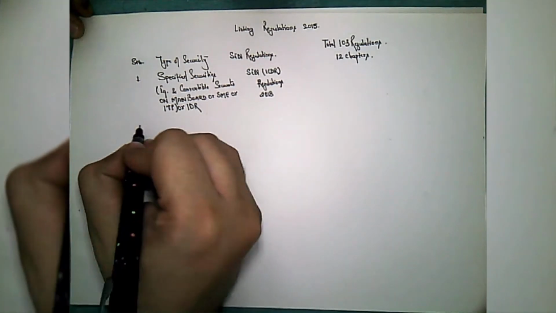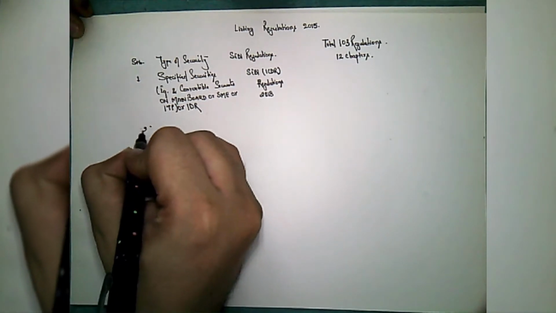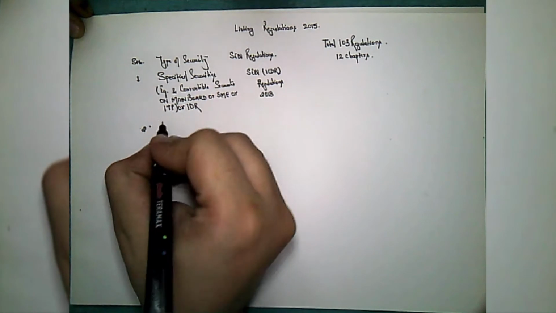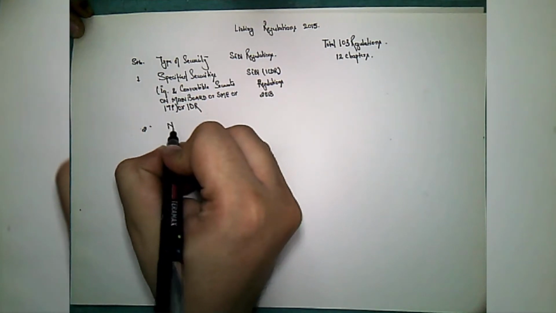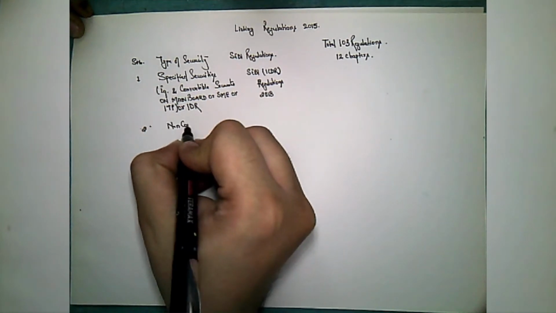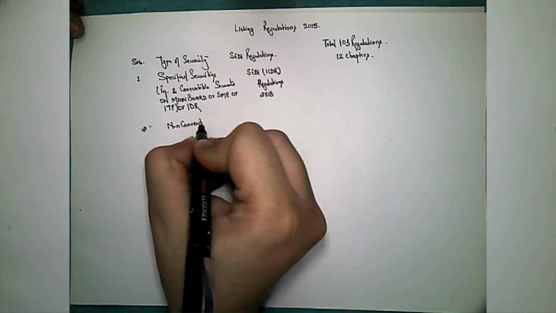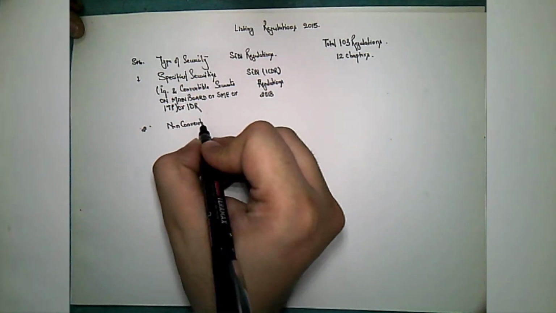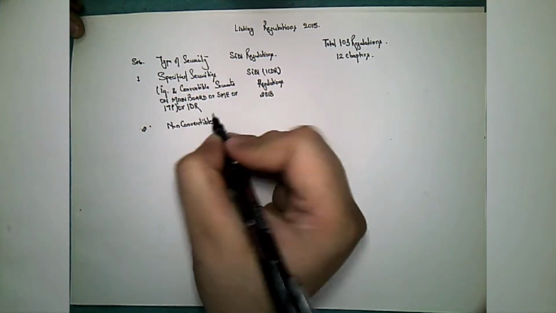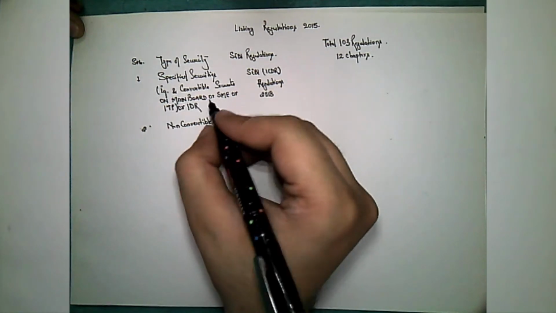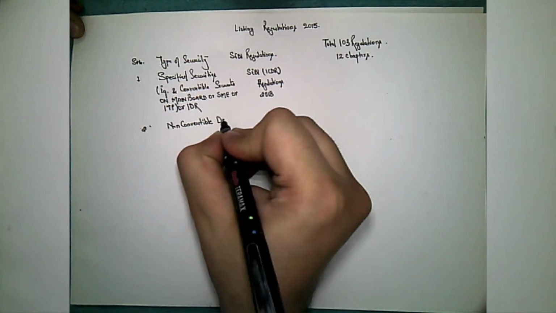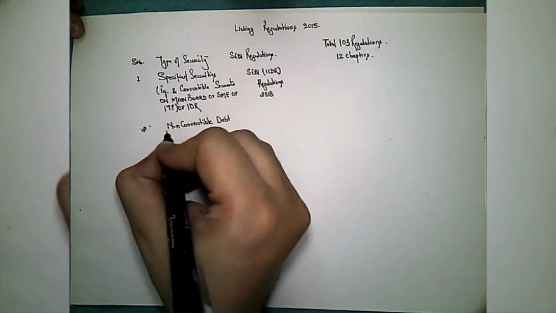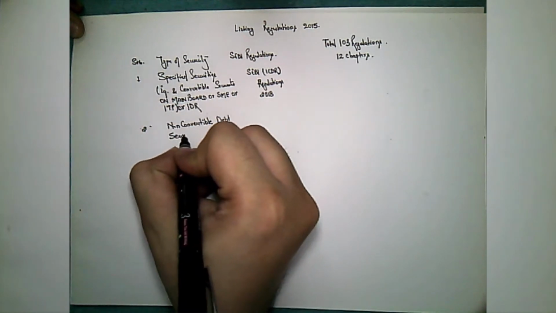Moving on to the next, the second type of security, we have non-convertible debt securities.